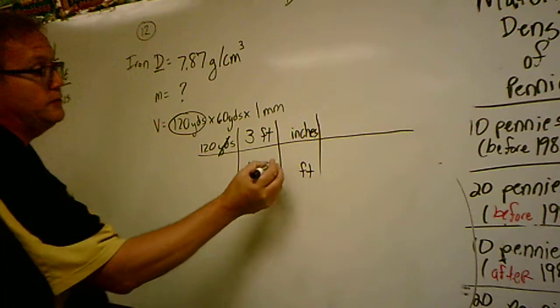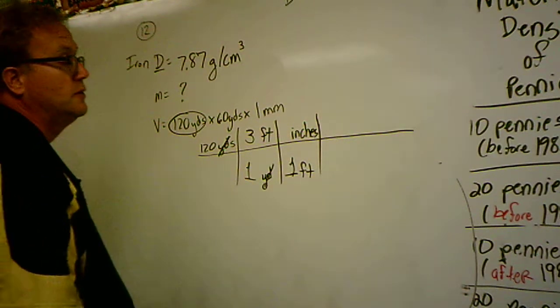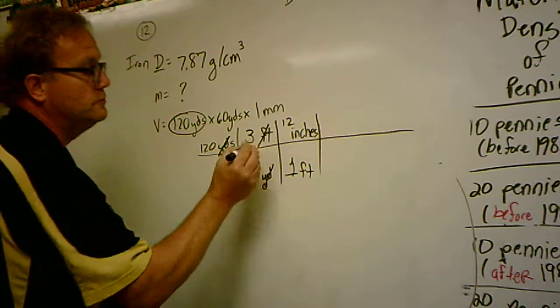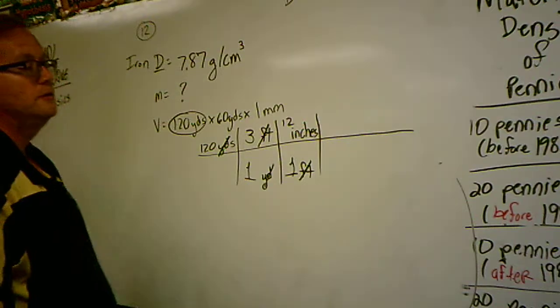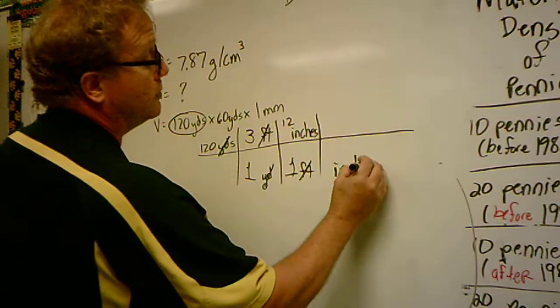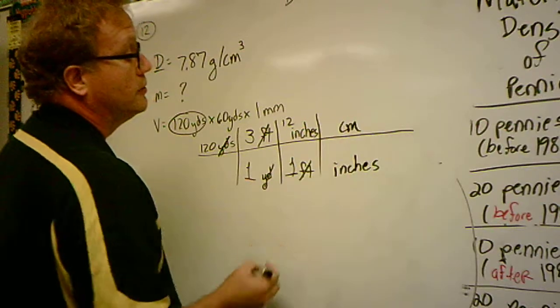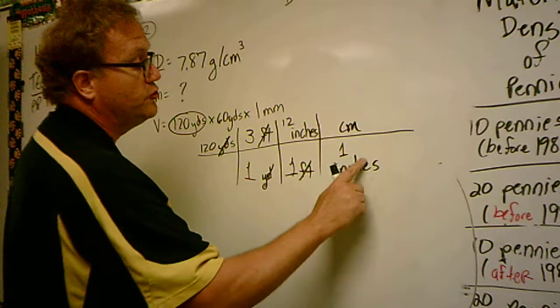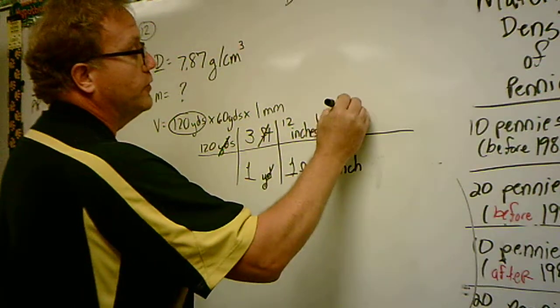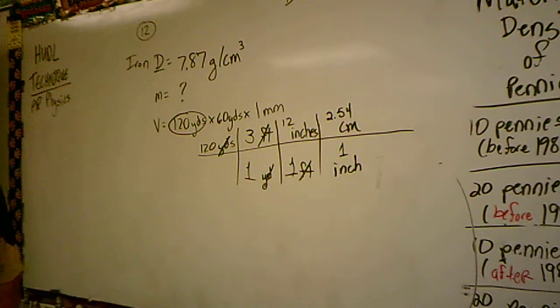Which one's the big one? Feet. Smaller one, inches. 12 inches equals 1 foot. Cancel, cancel. Got another step. We got inches, now we can go to centimeters. And we have 1 inch, and my conversion factor is 2.54 centimeters.